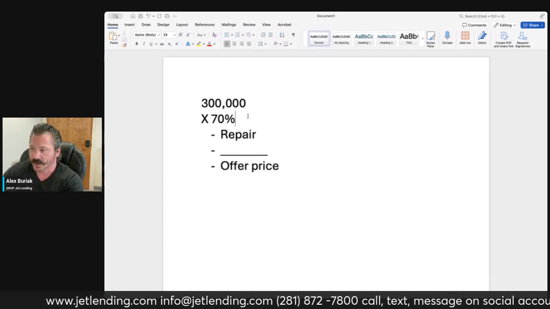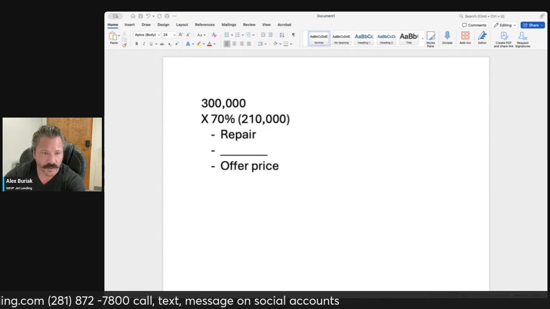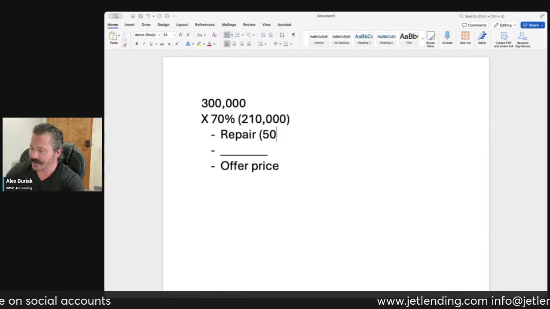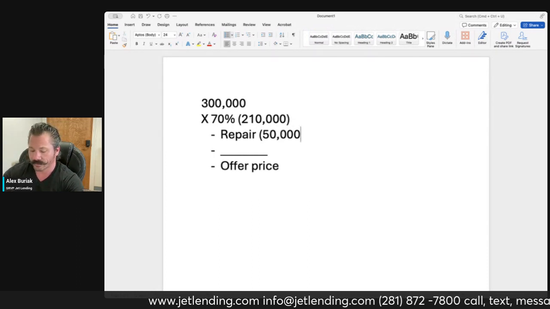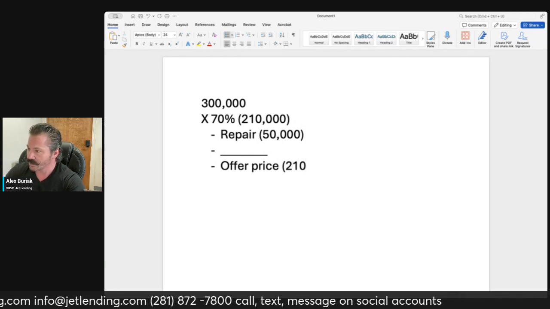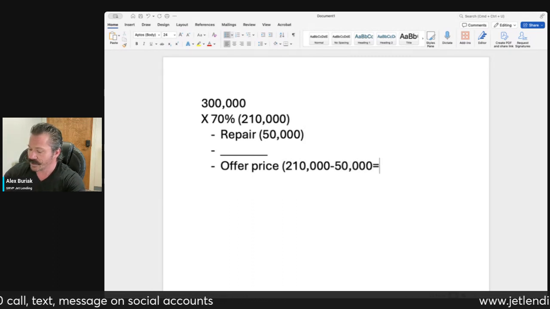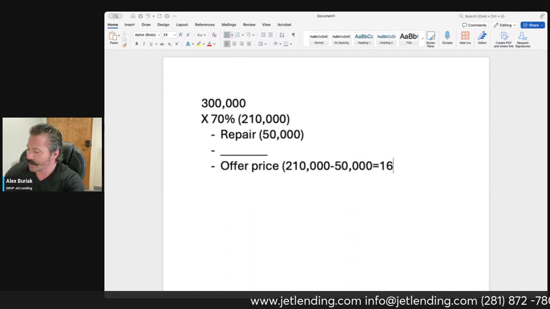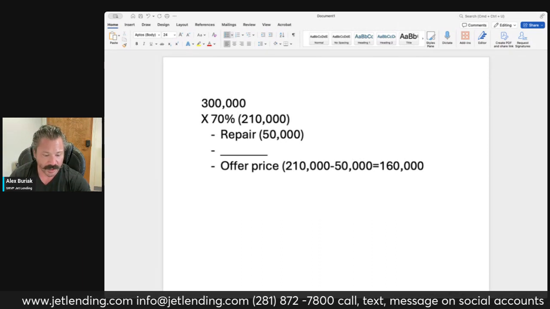If your repairs for this property were 50,000, the max offer that you could buy this for would be 210 minus 50 equals, I know I could probably just do this in my head, 160. 160 is the max you can offer for that property.